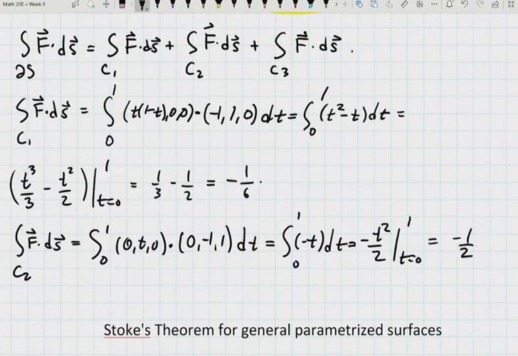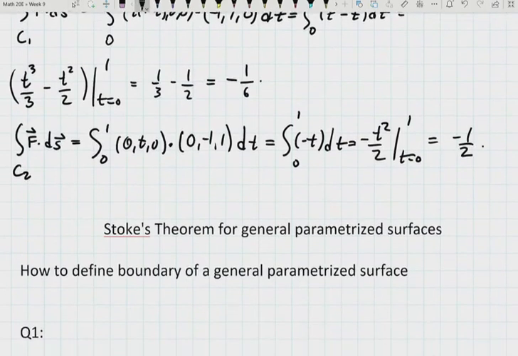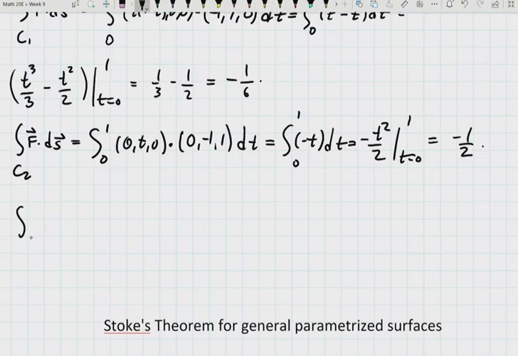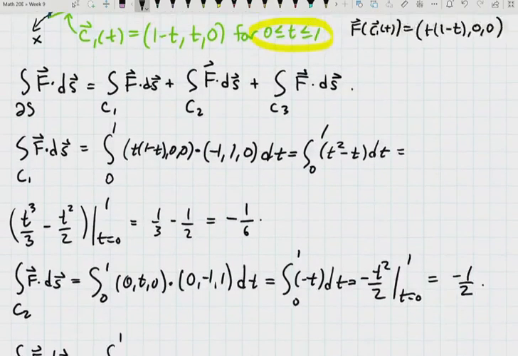It's negative 1/2, okay. Finally, over C3, that is 0 to 1. F on C3, what is F on C3?